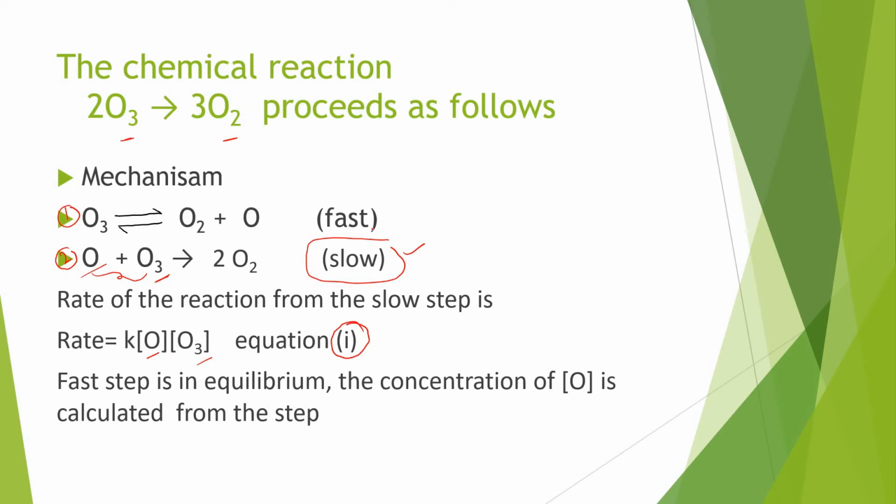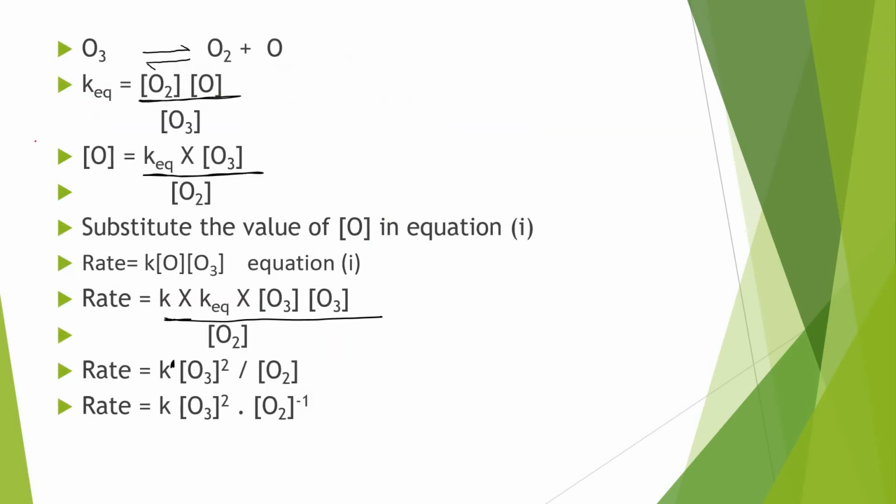Now from the first step, we are going to get the equilibrium. We can calculate the concentration of nascent oxygen by using the first step. Let me write the reaction again. According to this, the equilibrium rate constant is equal to the concentration of products by the concentration of reactant.